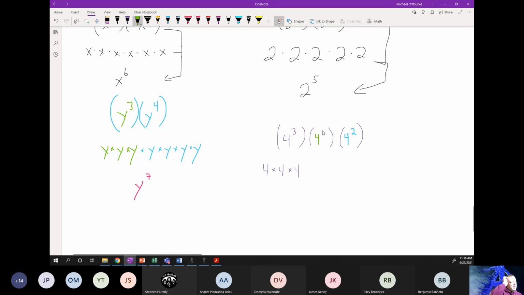How many green 4s do I have? I just have 1. For every number we write there, there's actually a 1 stuck up there. We never write it. And that's going to equal, we add them all together, 1, 2, 3, 4, 5, 6. 4 to the 6. Okay?